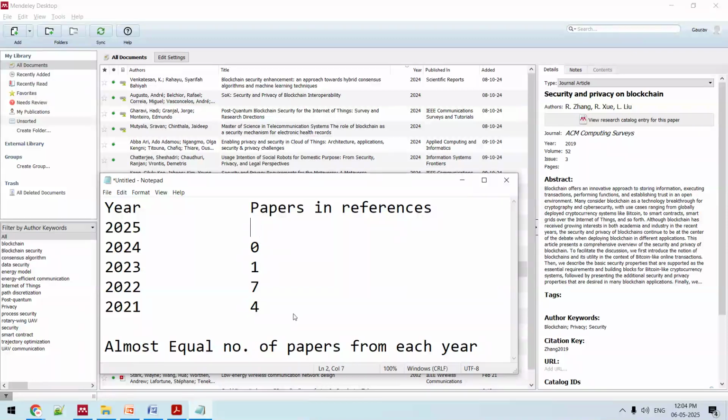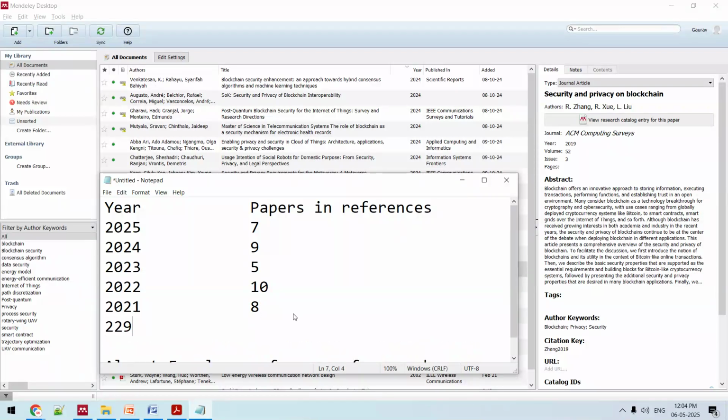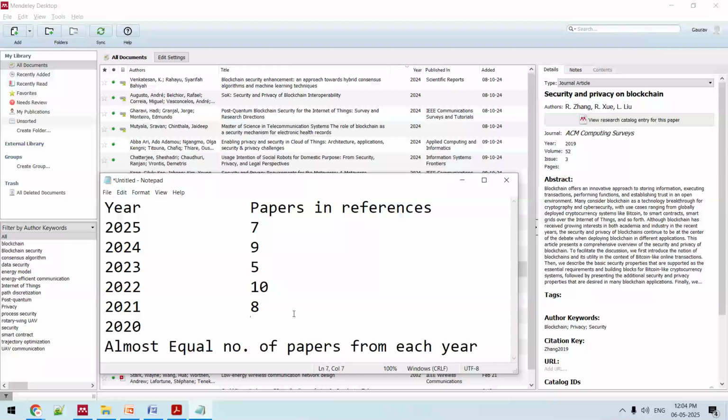So almost equal number of papers you can take. For example, 9, 7, 5, 10, and this is also fine. It also looks genuine that in a particular year less work was done. For example, 2020 was the time of COVID, so we can say that there were very few publications and very little work done in that particular area or in every area.